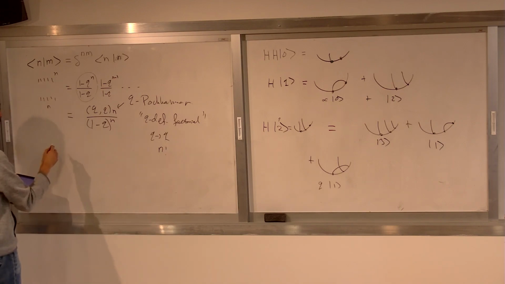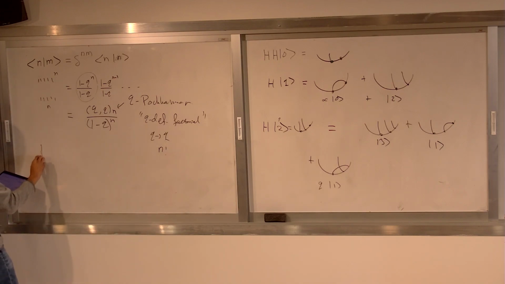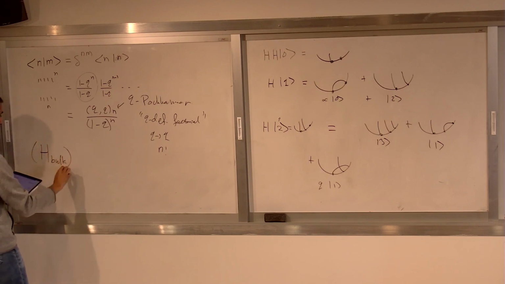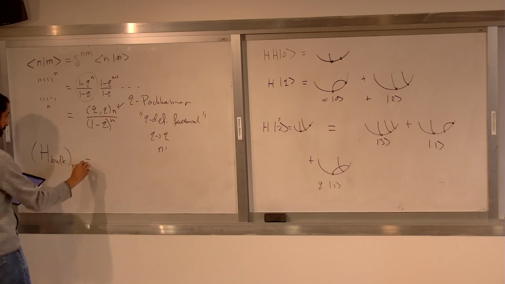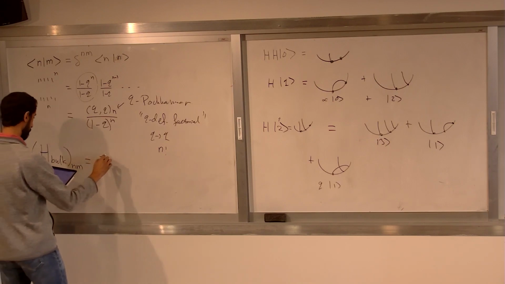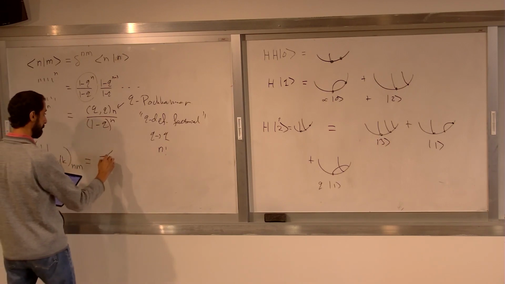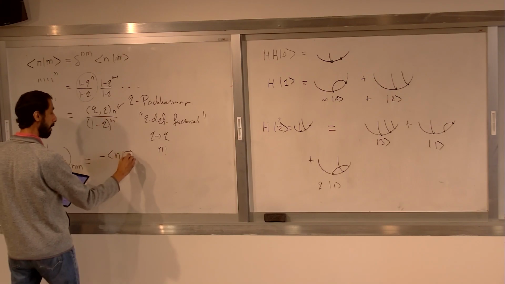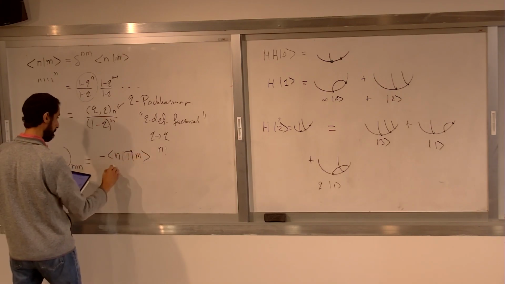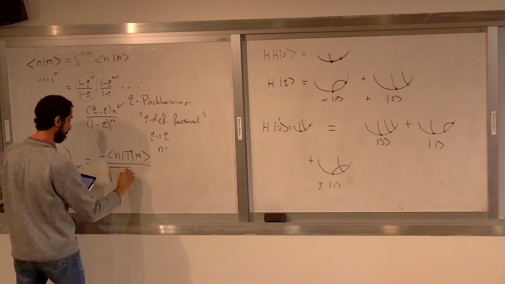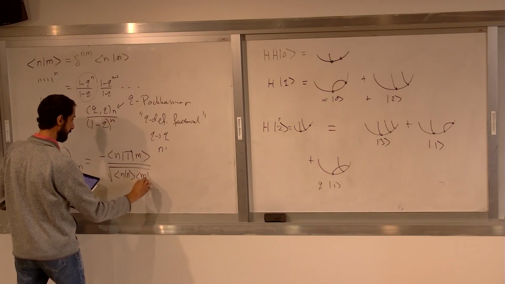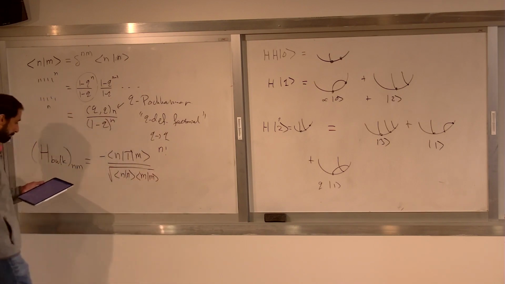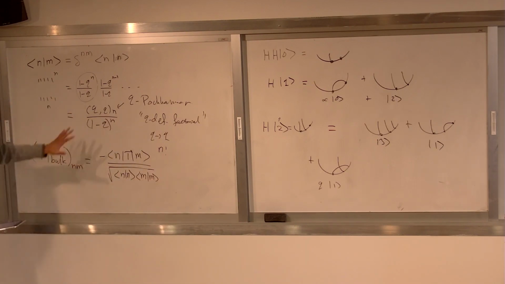Okay, all right. So we can then define the bulk Hermitian Hamiltonian as simply the matrix elements of the transfer matrix, but after normalizing the states. And these overlaps are just what I wrote down here.